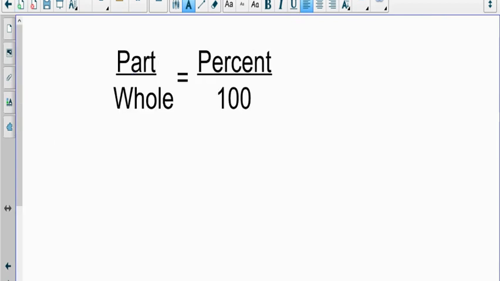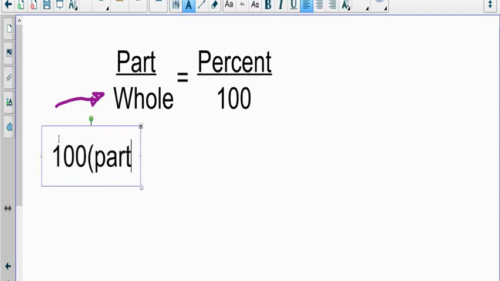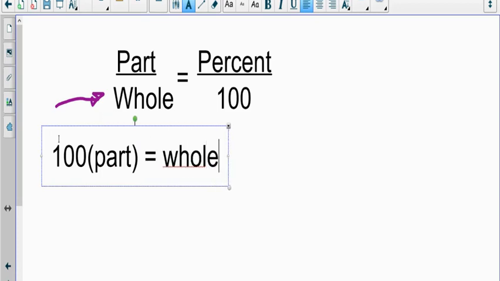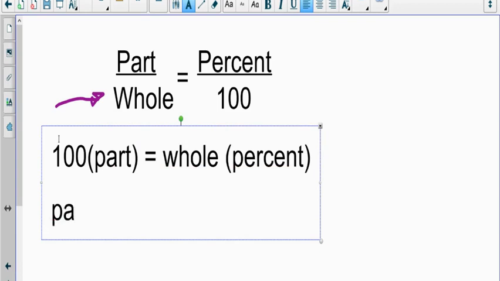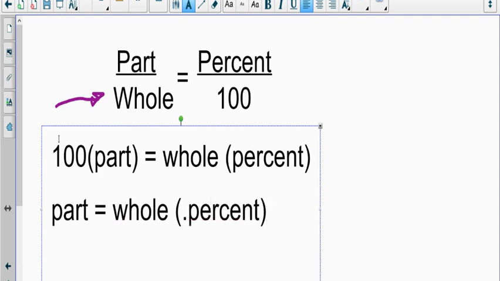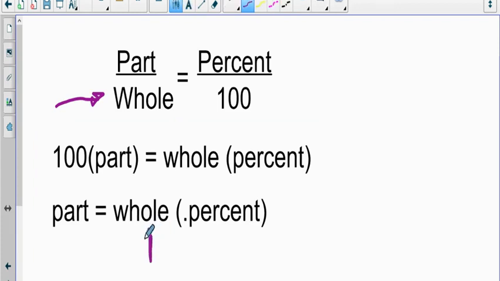Now we want to find the whole. We want to find this amount. We're going to start with the same process of cross multiplying and dividing by 100. But now our goal is to get the whole by itself.